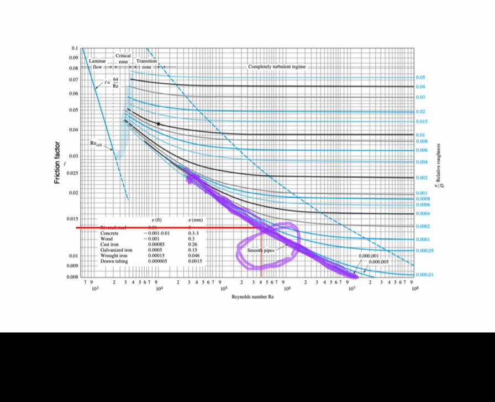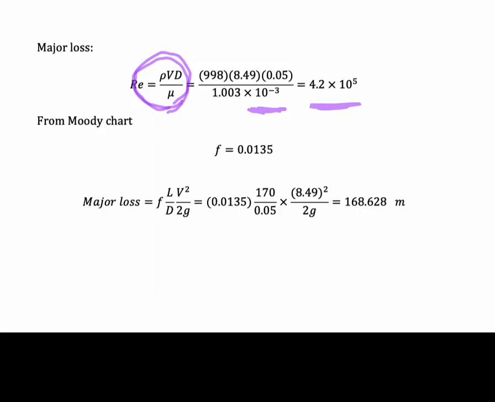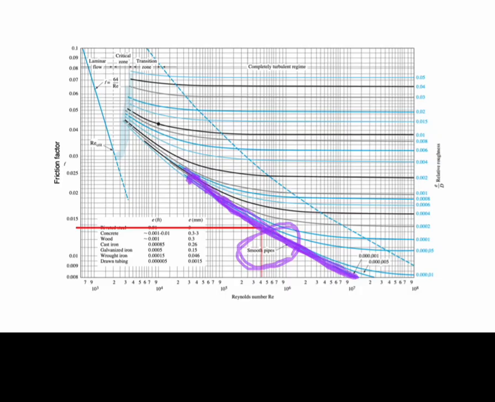According to the value of 4.2 times 10 to the power of 5, we could mark the 4.2, which is here. And then it intersects with this smooth pipe line. If we bring it to the left, it will give us this range.